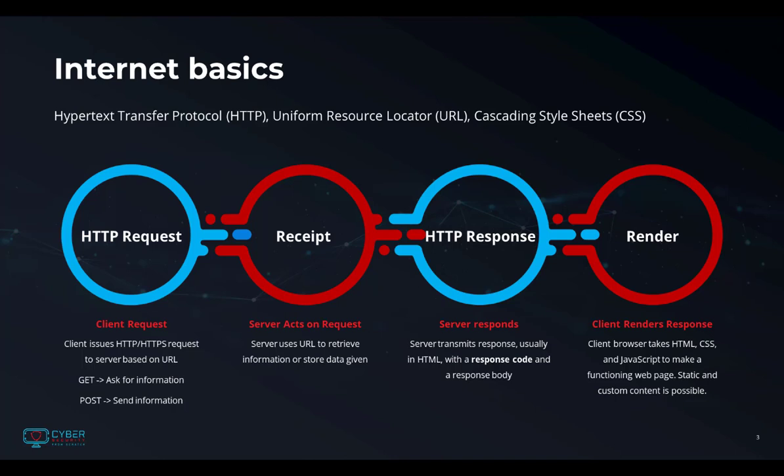It will then formulate an HTTP response, where the server is responding usually in HTML, which is sometimes augmented with JavaScript, and cascading style sheets, or CSS, to form a response body. It will also respond with a response code that lets the client know what's basically the characteristics of the response that it's receiving.